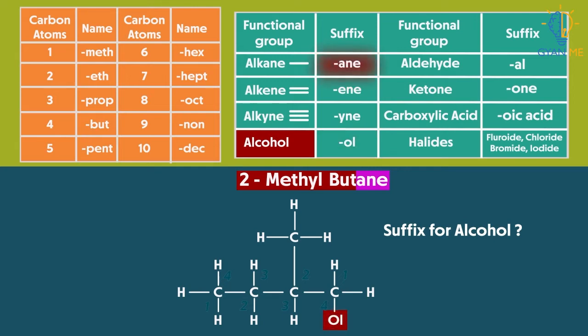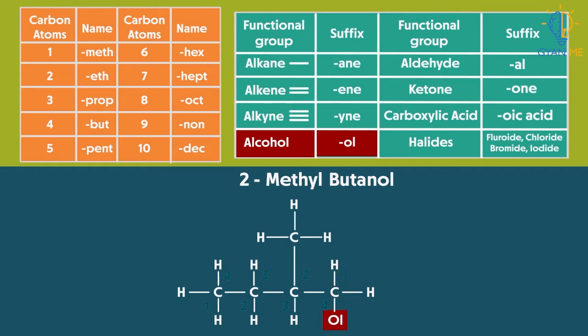So the suffix "ane" will now change to "ol". So what will be the name then? Yes, it will be 2-methyl-butanol. Note that here alcohol group is present on the last carbon, which is why it reaches the number 1, and we have not mentioned it.